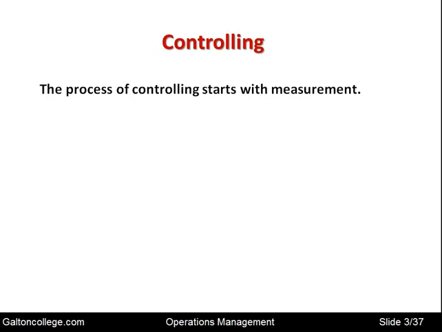This is what the actual outcome is. And we have measured the standard against the actual to get an understanding of what is required, what is the shortfall, or how well are we doing. And from that we can intervene, control and tweak the process to get a better result.